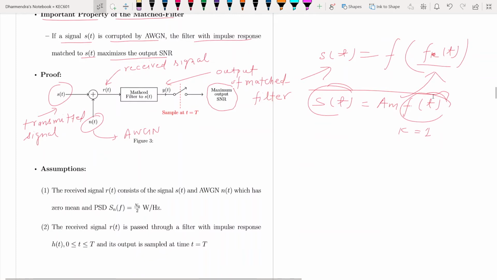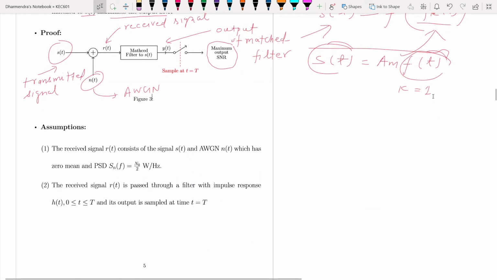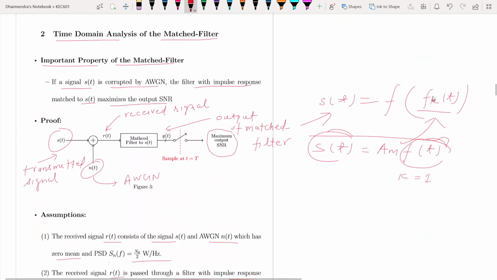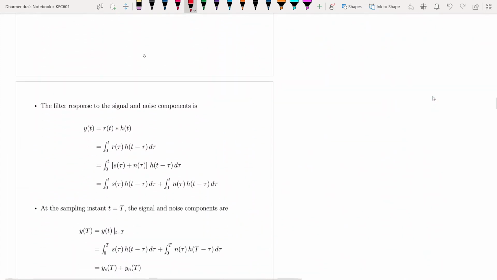So I will make certain assumptions. The received signal r of t consists of signal x of t and n of t, where n of t has zero mean and PSD N naught by 2 watts per hertz. The received signal r of t is passed through a filter with impulse response h of t that is defined between 0 to T, and its output is sampled at t is equal to T. So the filter responds to the signal and noise component.